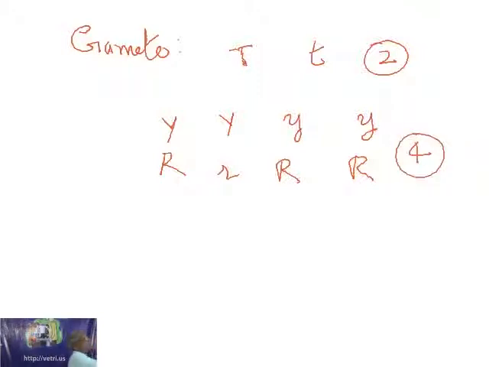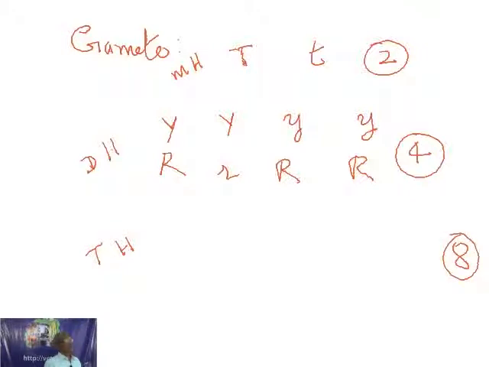Then you get a monohybrid, the number of gametes is 2, and when you go for a dihybrid, the number of gametes is 4, and for trihybrid, it will be 8.